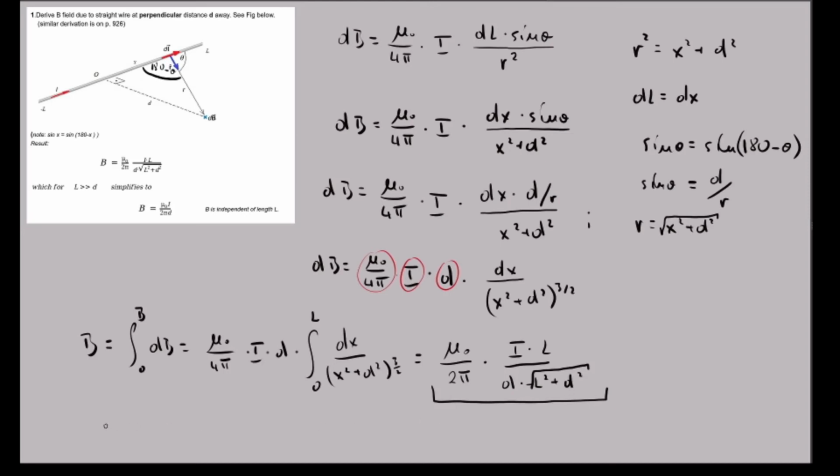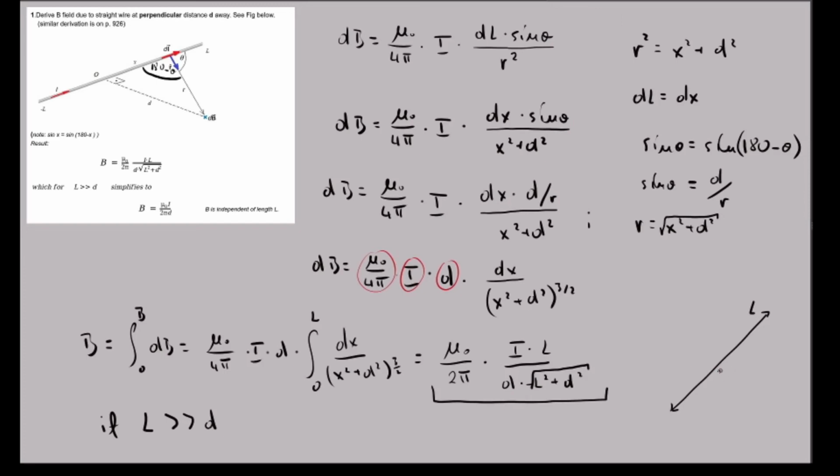Now, I think I'm going to leave this for you as an exercise, but if length L is much bigger than d, in other words, if I have a wire that is very long, and I'm interested in the magnetic field very close to the wire, somewhere here maybe, so my d is very small.